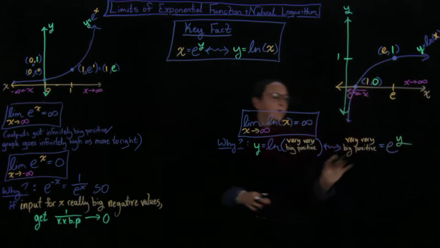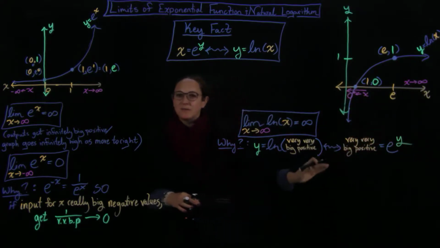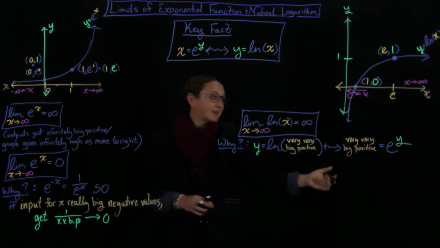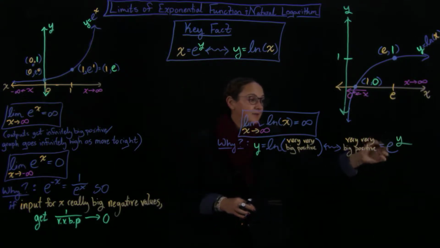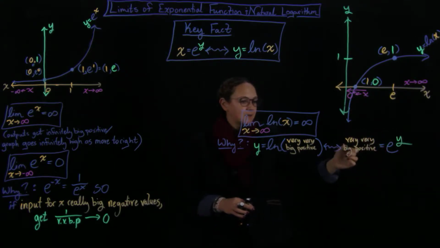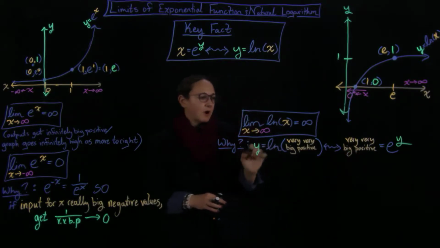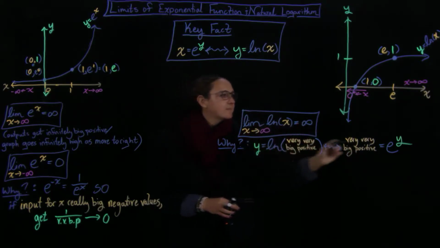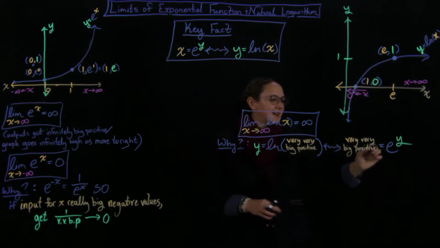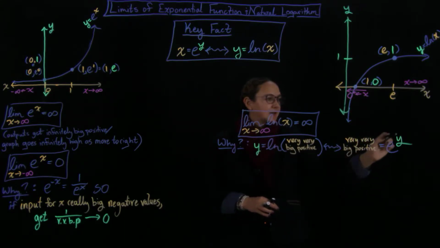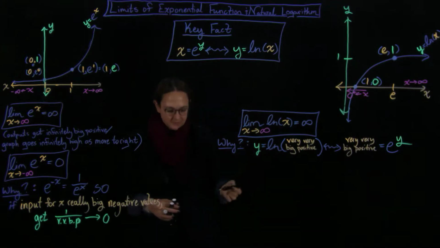Okay. Well, how do I get e to the y to be really, really big? Because I'm trying to figure out what y is in this circumstance. I know that I have to get very, very big, so y has to get really, really big. That's the only way for that to happen.